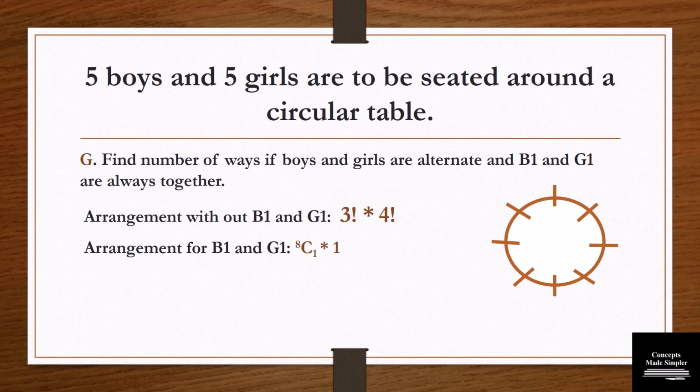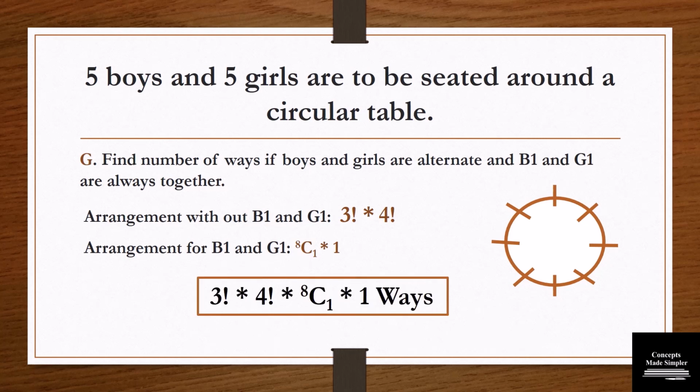But we can't actually do the internal arrangement of them because we have to maintain the alternate also. So that would be into 1. Now the final solution is just the multiplication of both, that is factorial 3 into factorial 4 into 8c1 into 1 ways.